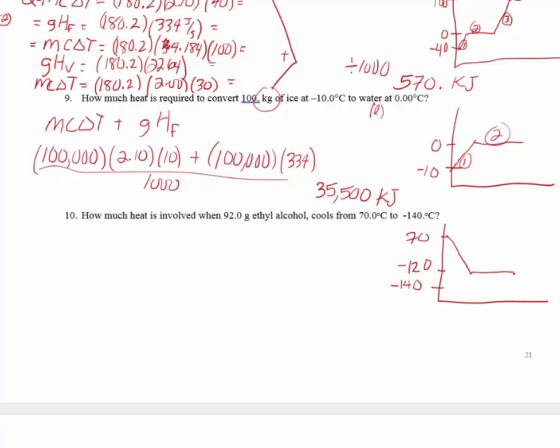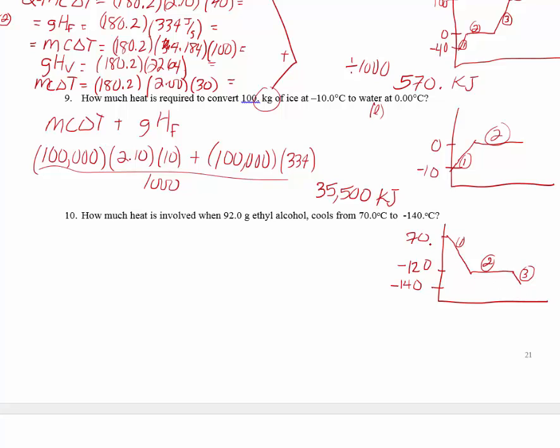Once it's frozen solid, then you're going to cool down the solid to negative 140. So there are 3 different parts: MC delta T, heat of fusion because it's freezing, and then MC delta T again, but for liquid and solid.